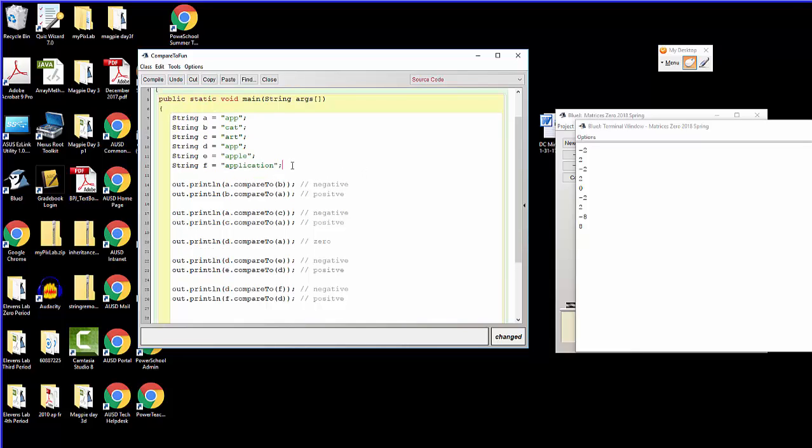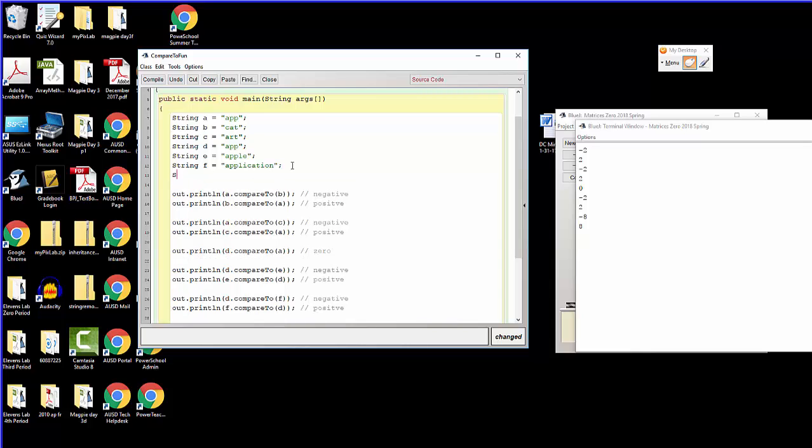Now, with that said, if they give you a string that's all capitals, like capital A, P, P, or even just the first letters capital, okay? Then it'll probably give you a hint on the AP exam and remind you that the ASCII codes for uppercase are less than the ASCII codes for lowercase, right?